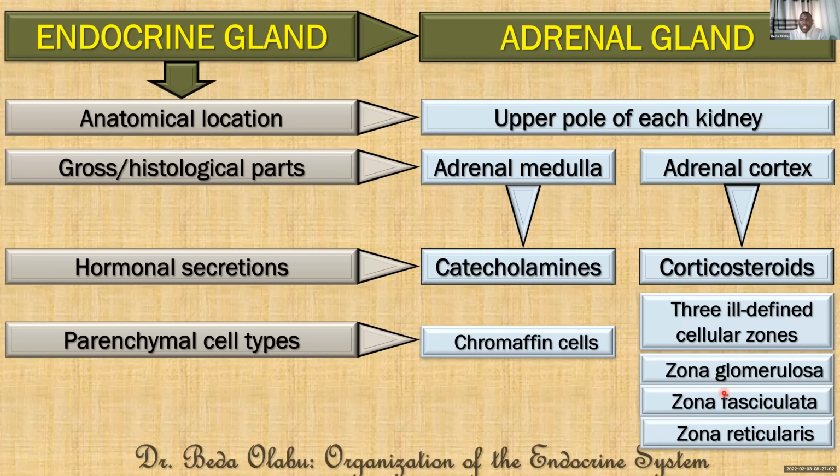Those zones of the adrenal cortex originate from the coelomic epithelium of the embryo. So they're not from neural crest origin. That's what I mean. I want us to then discuss the two parts of the adrenal gland. Let's start with the adrenal cortex.